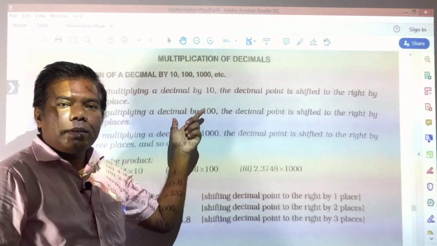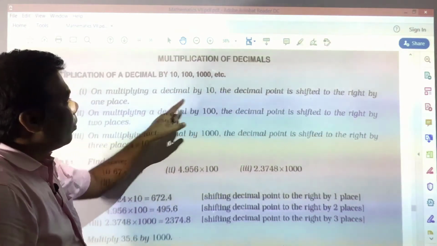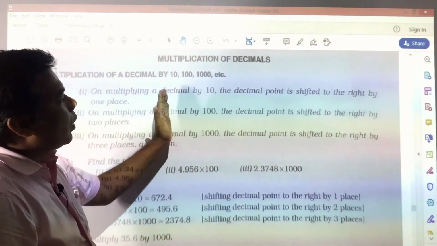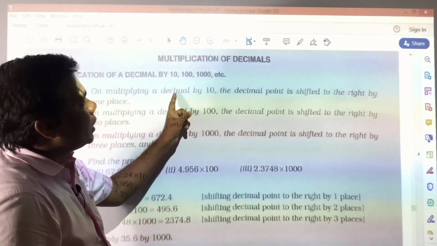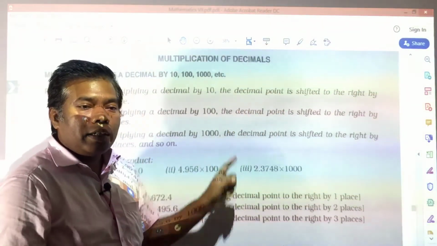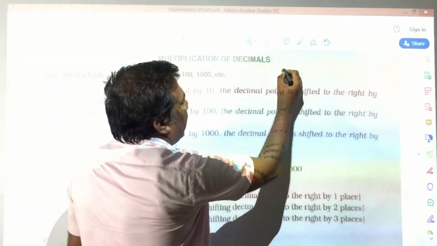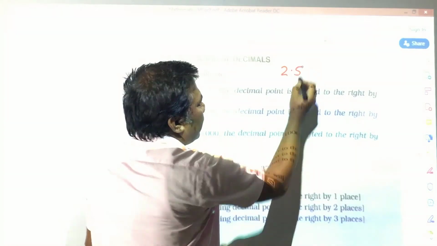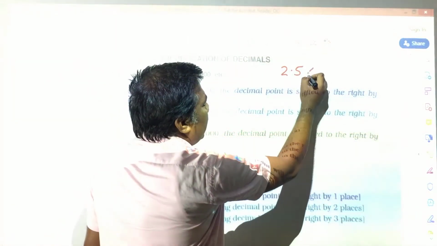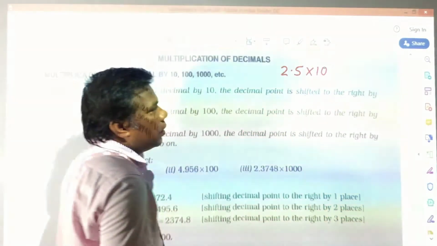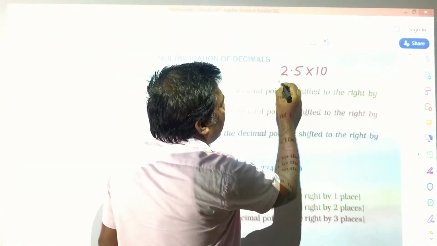Suppose you have any decimal number and you want to multiply it by 10, then what will happen? The decimal point will shift to the right by one place. Suppose you have 2.5 and you need to multiply by 10. What product will you get?